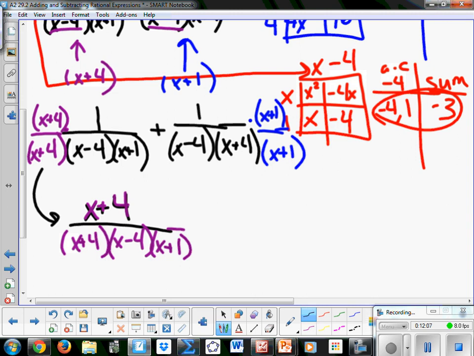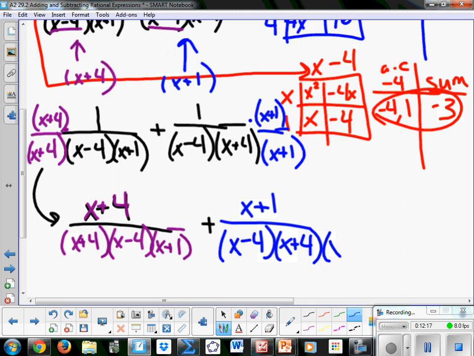Okay, and then we are adding it to x plus 1 over x minus 4, this whole lovely denominator here, and we should see as soon as I have it written, or as you might have on your paper, that now all our denominators are completely the same.